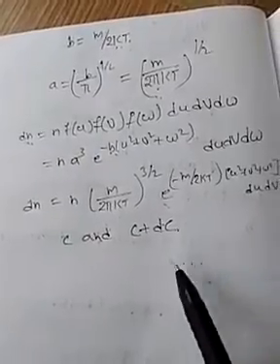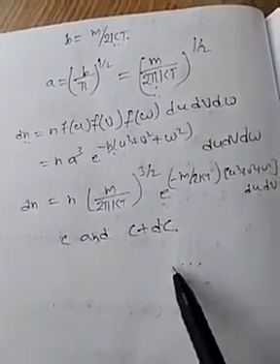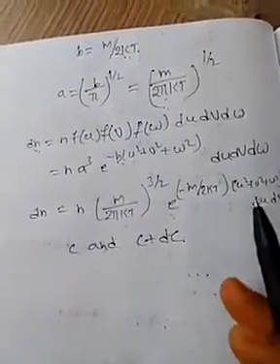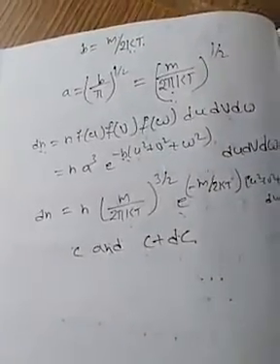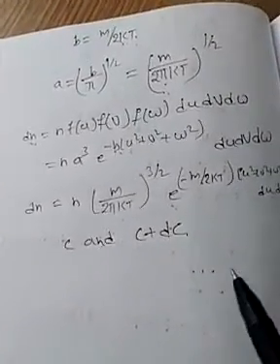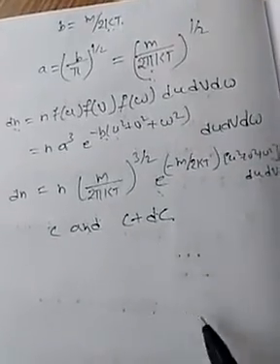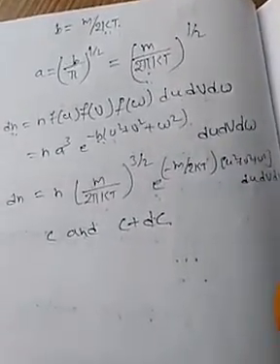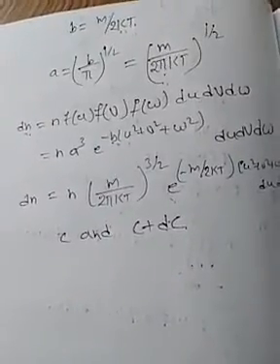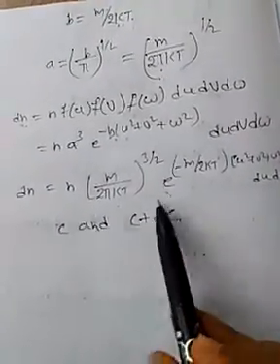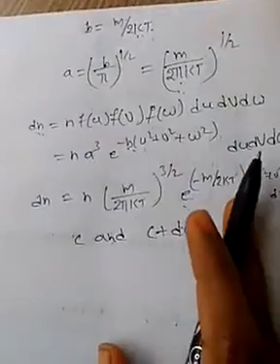That is the volume element which is considered, and it gives the total number of molecules. The volume element in between the two concentric spheres gives the total number of molecules having their speeds between C and C plus dc.